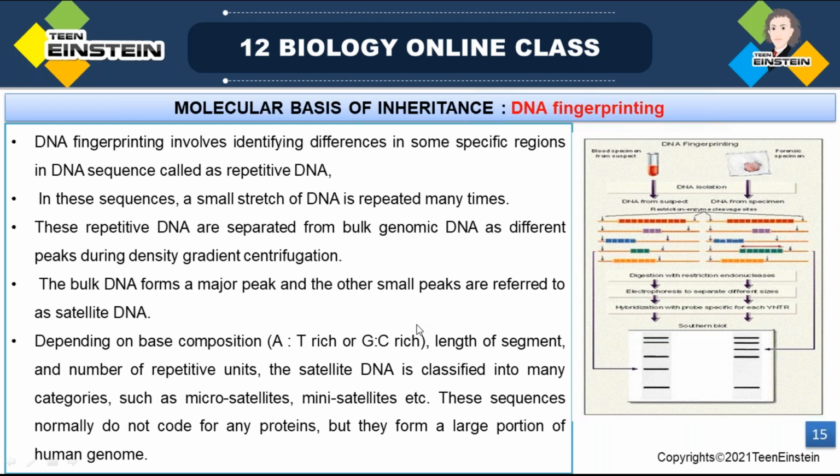These satellite DNAs are classified into different categories. On what basis? Based on the length of the segment, the number of repetitive units, and the base composition. Base composition means that if adenine and thymine combination is more, the sequence is AT rich. If guanine and cytosine are more, we call it GC rich.